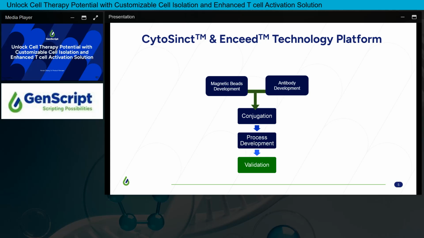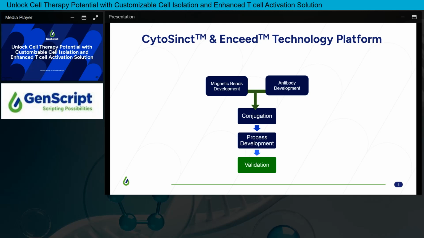So a quick introduction about the history and capability of GenScript for cell isolation and activation magnetic bead products. Before this product offering, GenScript already had magnetic-based products for bioprocessing for many years, including for plasmid purification and protein purification.